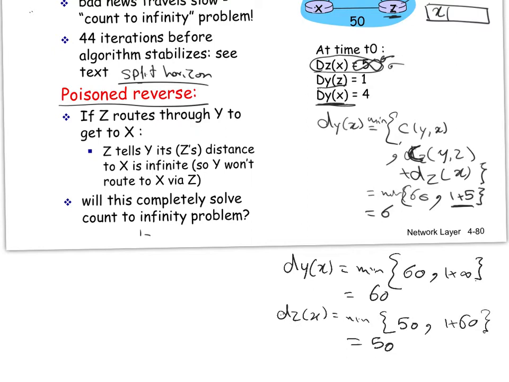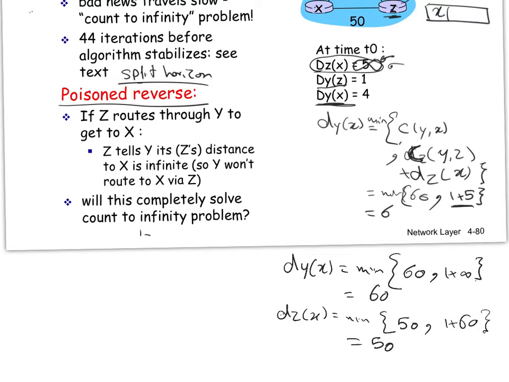Remember, we reached that state after 43 different iterations last time to force Z to go to X directly. So now we have reached in one stage, we forced Z to realize that it should send to X and not through Y. So by doing this, we have saved 43 different iterations.